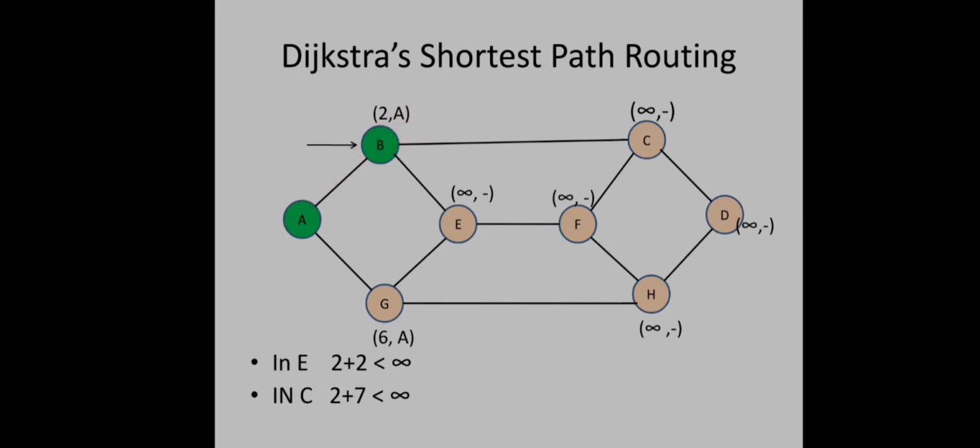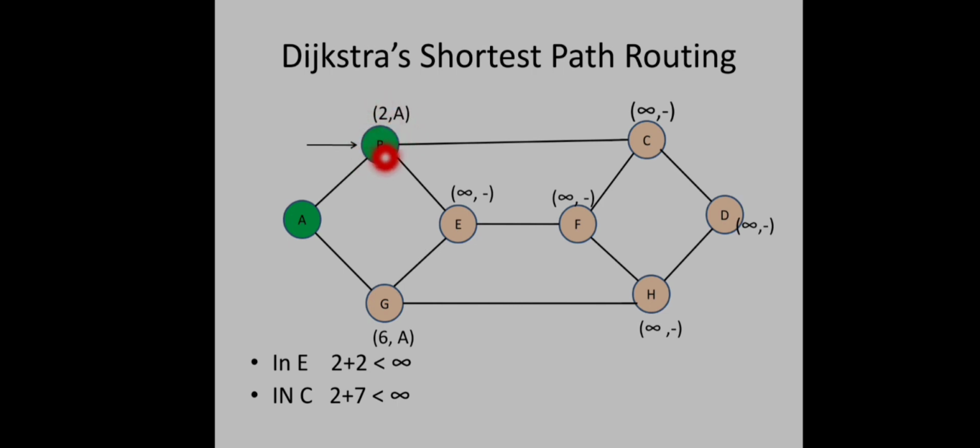Like that, here also 6A will be the new label. Now, after relabeling every adjacent node, we will check the entire graph to find the tentative node with the lowest value in its label. Here we have two nodes, G and B, in which B is the node with the lowest label, right?